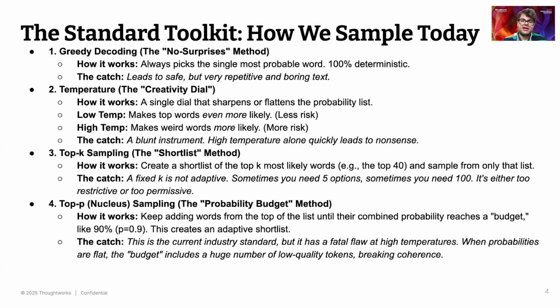And so the idea then is weird words become more likely at high temperatures. And so we quickly start getting nonsense with high temperatures. In fact, without any kind of sampling algorithm chosen, a temperature much above 1.2 on most models of today causes them to turn into gibberish, basically, or degenerate outputs is a more formal term.